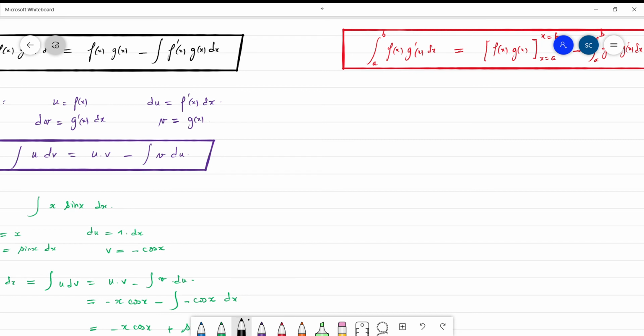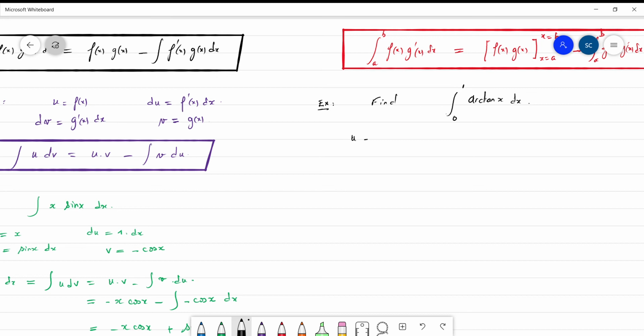So let's start doing an example. Compute the definite integral of arctangent x dx. Let's proceed.